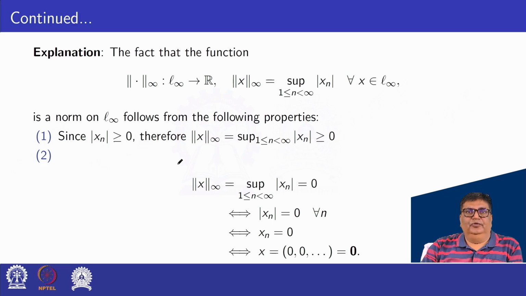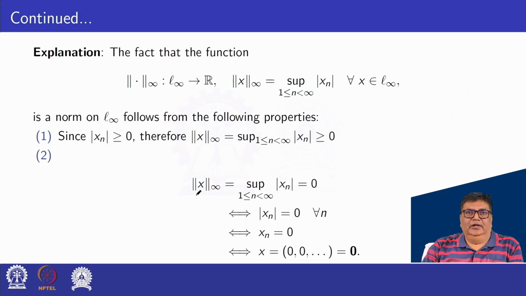Now we check all the conditions of a normed linear space. Since mod xn is greater or equal to 0 and the norm is defined as the supremum of mod xn, it will also be greater or equal to 0, because this norm depends on mod xn.